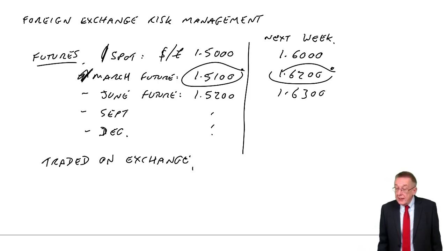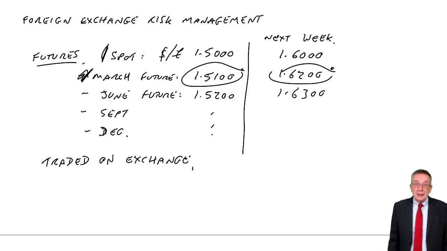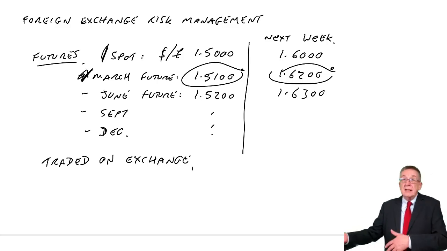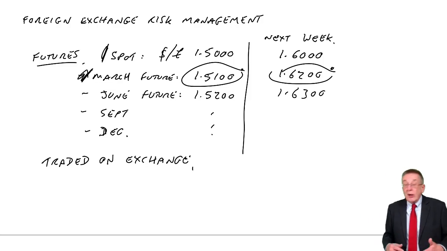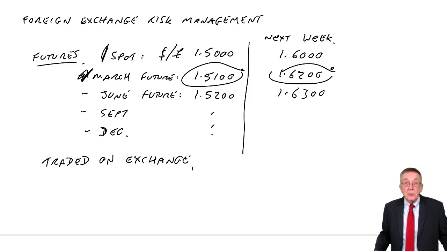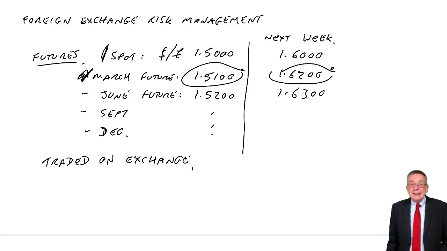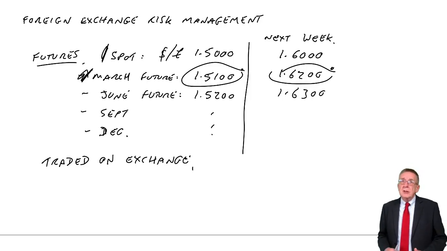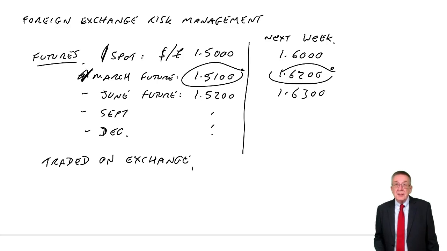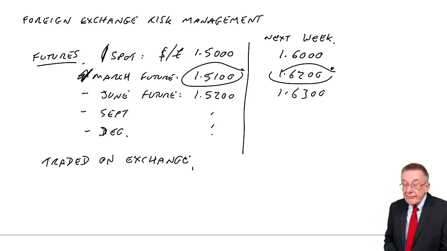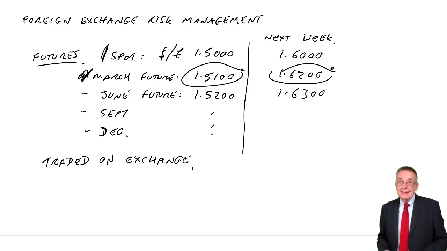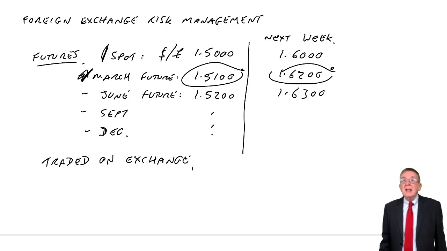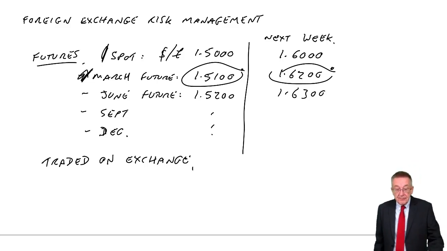Now, as I say, a lot of people use it to speculate, to gamble. They buy futures, they sell futures. All right, they risk making a loss, but they hope they'll make a profit. Financial managers, though, their job isn't to gamble, but financial managers can use futures as a way of hedging, cancelling, removing the risk on our transactions.